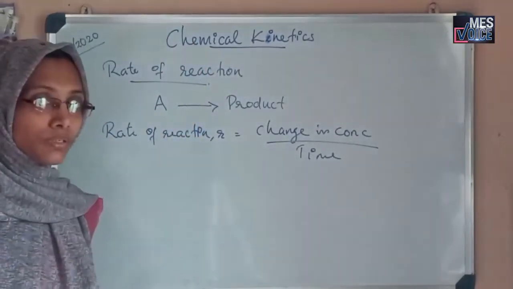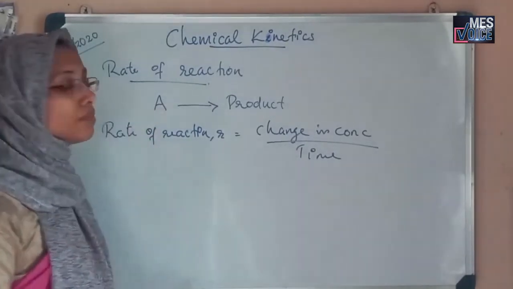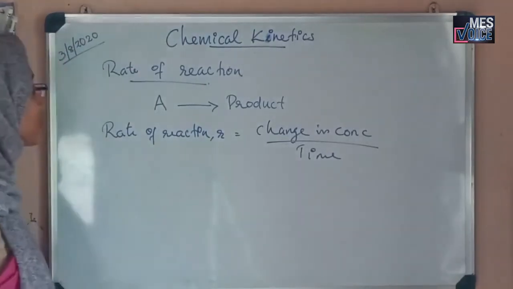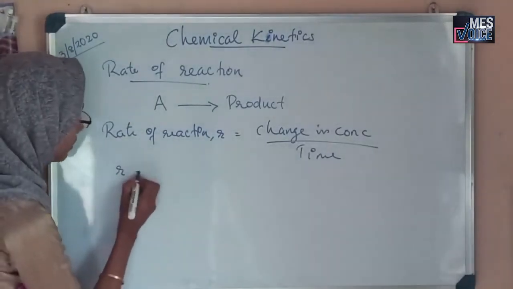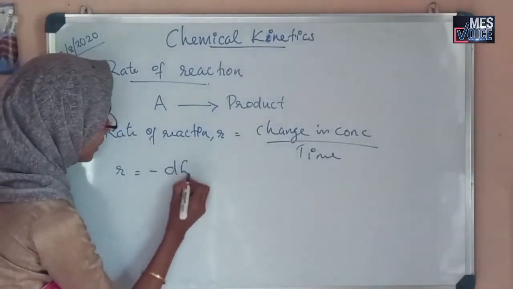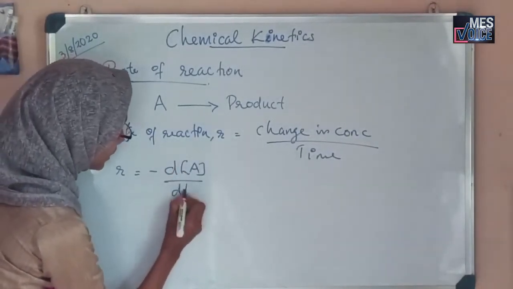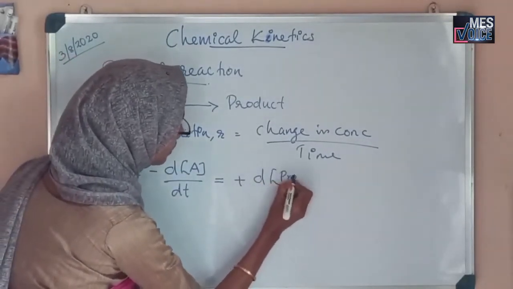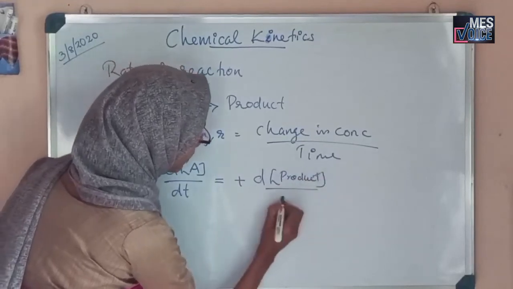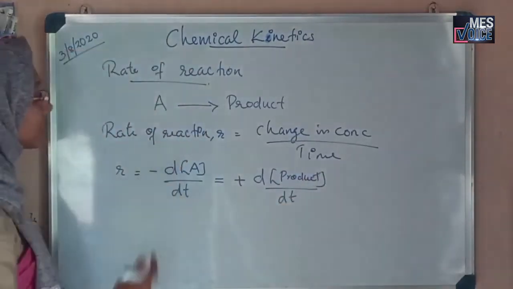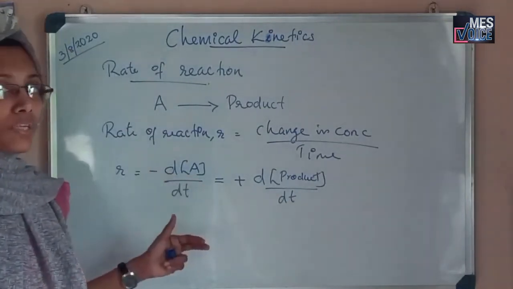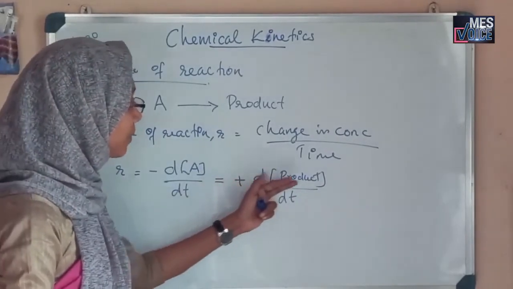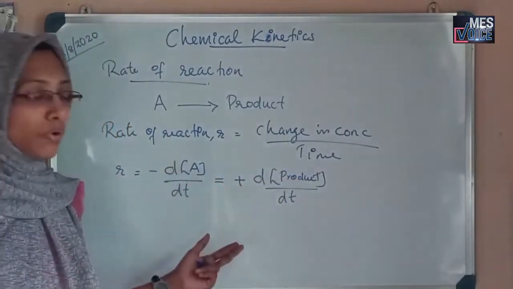Then we can express the rate of the reaction in two terms, either in the decreasing concentration of the reactant or increasing concentration of product. That is, rate is equal to minus dA divided by dt is equal to plus d[product] divided by dt, where dA is the change in concentration of the reactant and dt is the change in time, and here d[product] is the change in concentration of the product.